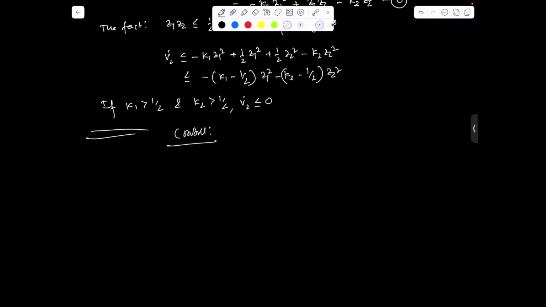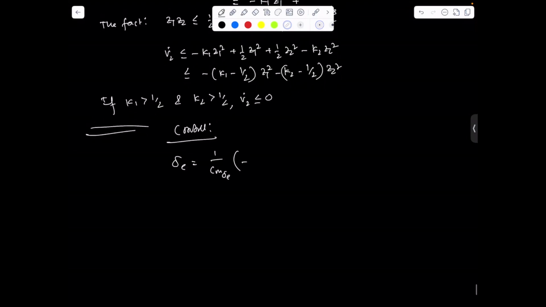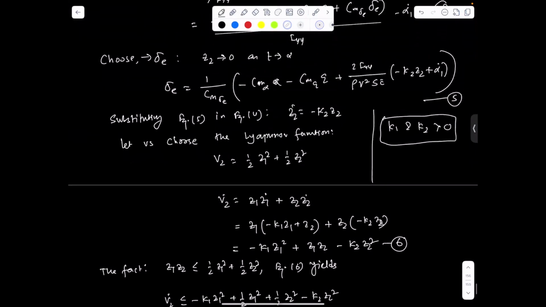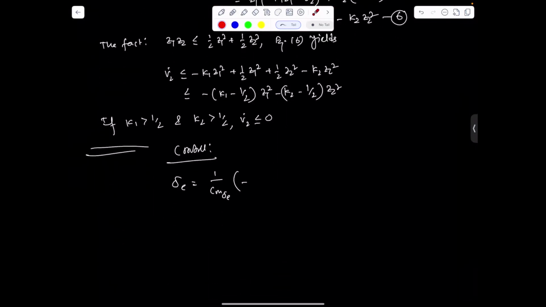So delta E we found is 1 by Cm delta E times minus Cm alpha alpha minus Cm q q plus 2Iyy divided by rho V square S c bar, minus K2 G2 plus alpha 1 dot, defined in equation 5.